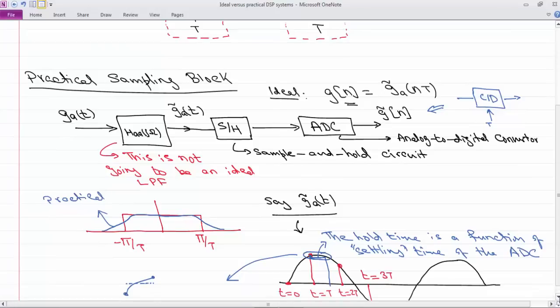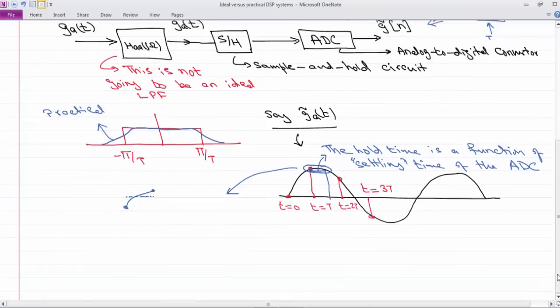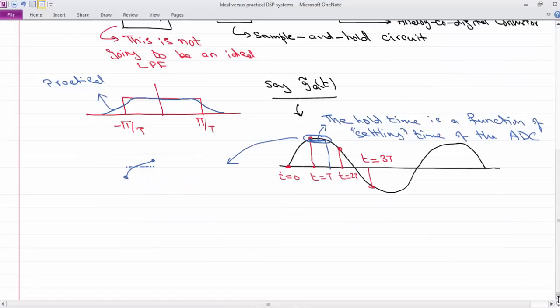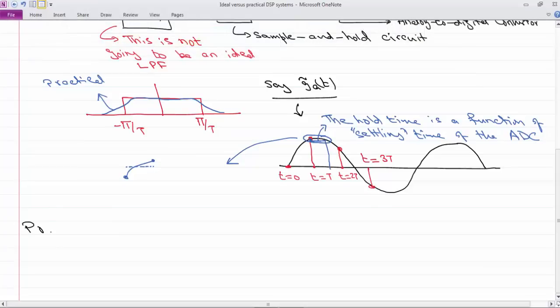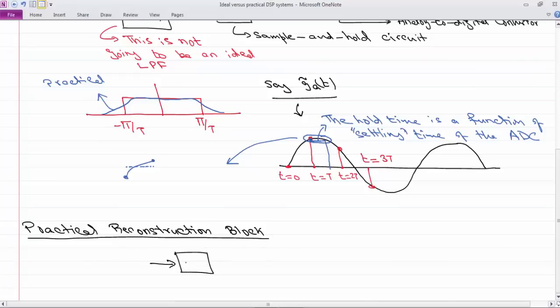Now let's talk about the discrete to continuous block. So let's talk about a practical reconstruction block. So ideally we say we have a discrete input, we pass it through a discrete to continuous time converter, and we get back a continuous time signal.